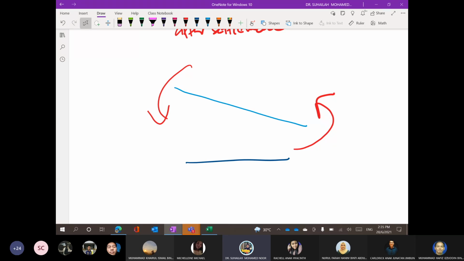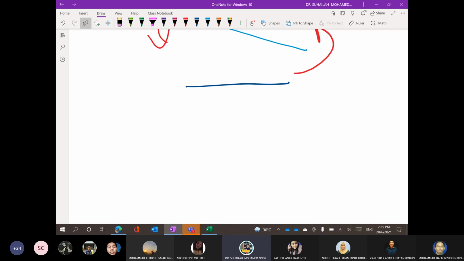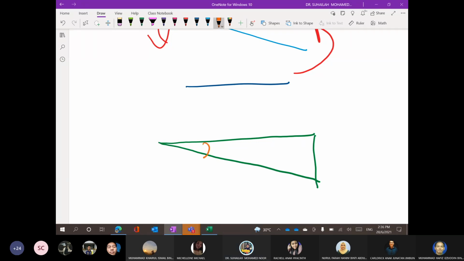Okay, the behavior is like this. From its original position, this is pushed to a new position by an angle. This is delta, right?